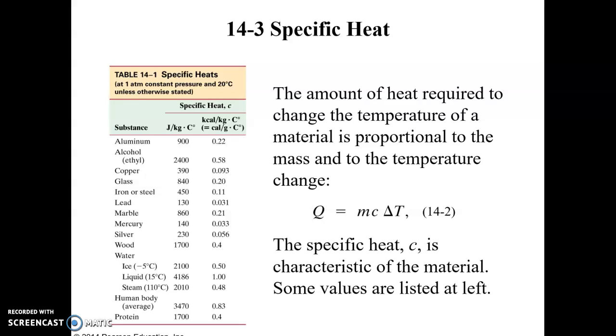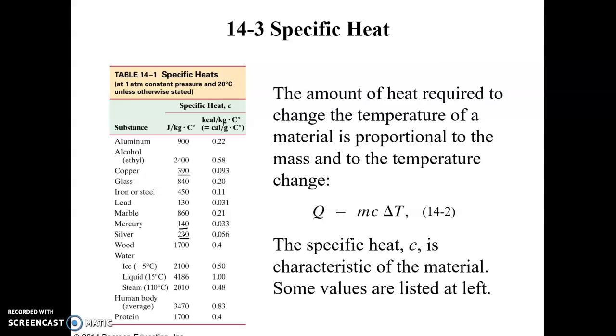So if we look at the chart here that has specific heat of various things, aluminum, actually, no, let's look here at copper. Copper has a very low specific heat, 390. That's pretty low compared to some of these other things. Well, it looks like maybe mercury and silver are also pretty low.